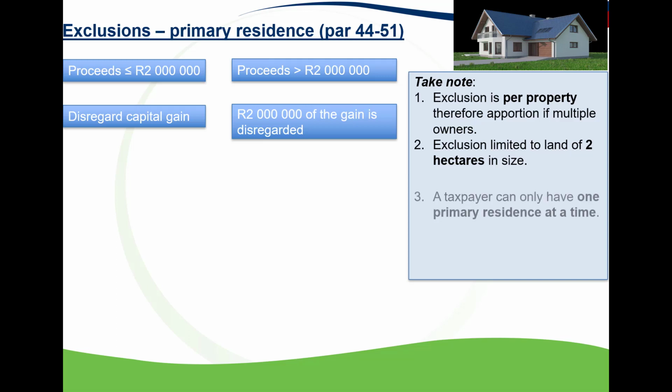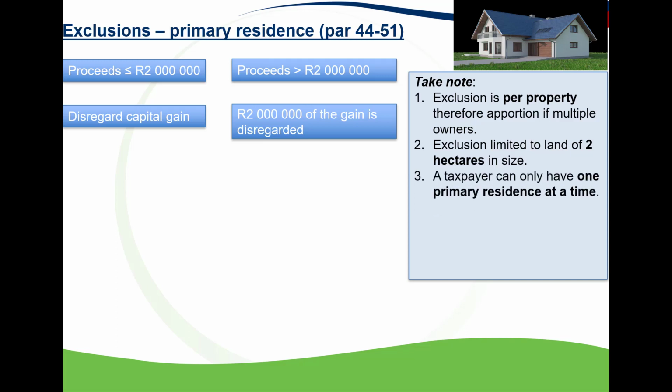If there is interrupted residence, meaning if there is some sort of absence from the residence by the taxpayer, then the amount to be disregarded needs to be apportioned. We will talk soon on that.